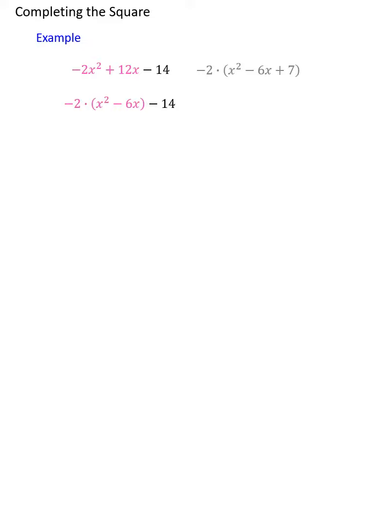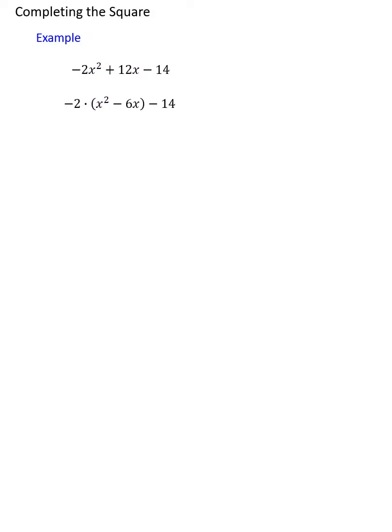But what you'll see as we proceed is that it's really the first 2 terms that we care about, and that we can set the -14 aside just for algebraic simplicity. If instead you used what you see on the right side of the screen, you would still get the correct answer. It would just be a little bit more algebraically cumbersome.